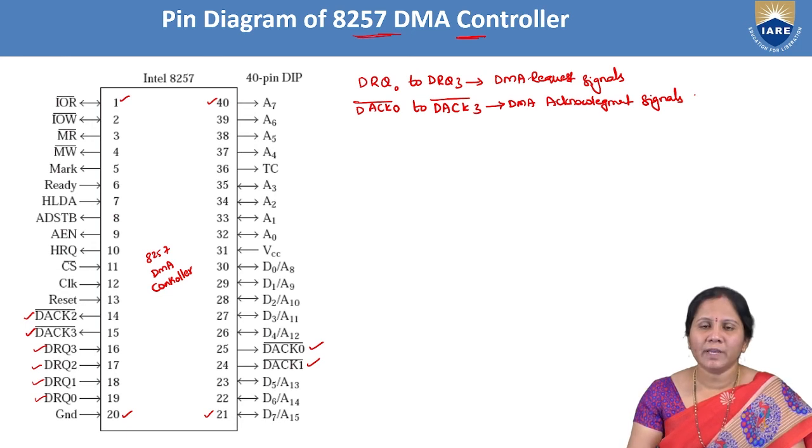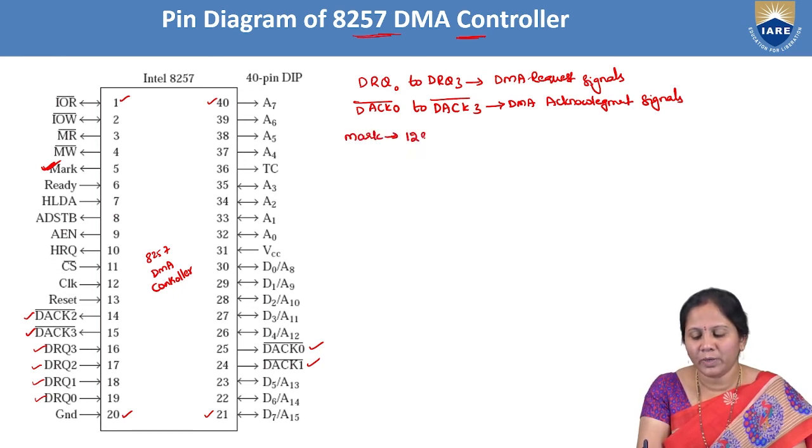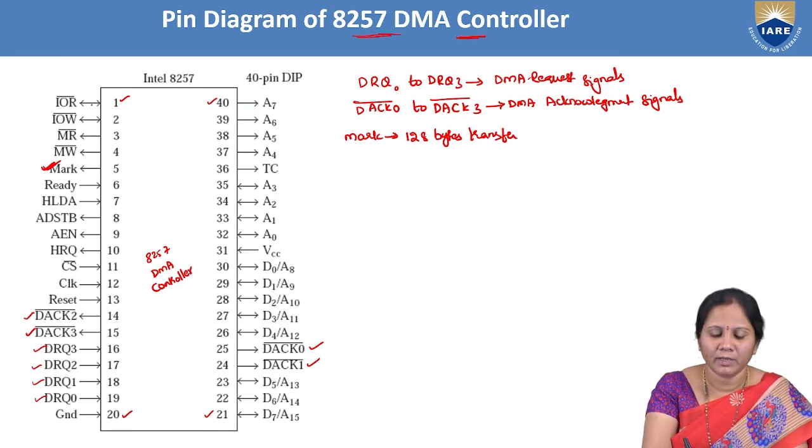Just as we have seen in the features, when the mark signal is asserted, it indicates that 128 bytes have been transferred. So here we can see the mark signal, which indicates 128 bytes transfer. If we observe the pin diagram here, the signal directions are clearly given.